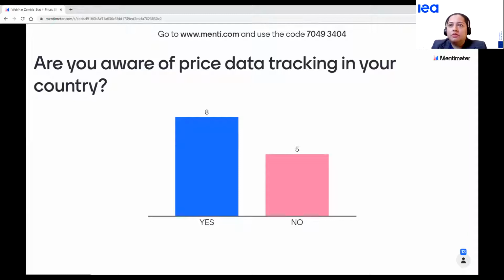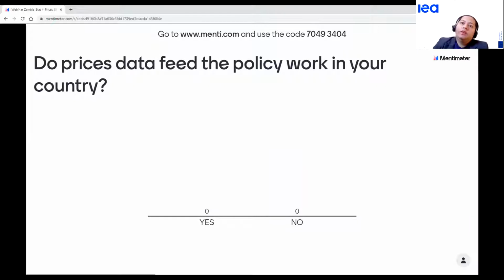It would be interesting to know what the different institutions collecting price data in the country are. Next question, do price data feed the policy work in your country?